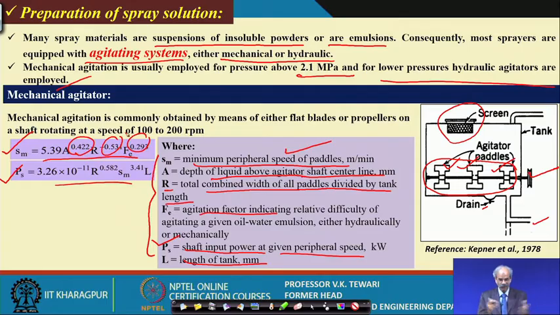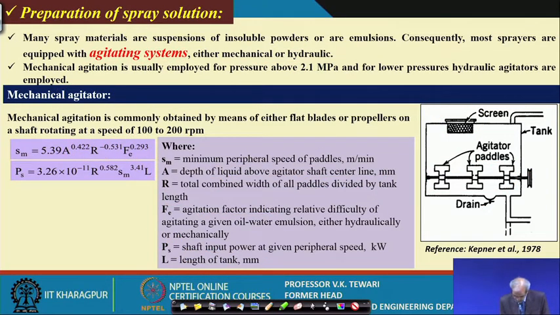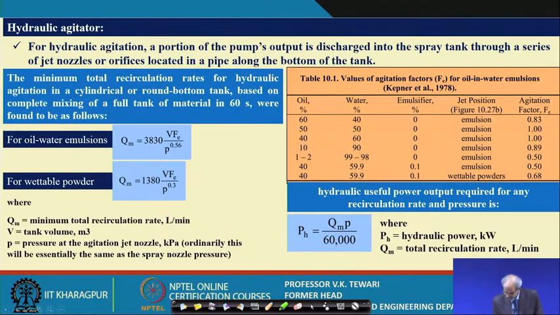Now, what do we do in these? In the mechanical one we have seen it like this. In the hydraulic system, what do we do? In hydraulic agitation, as it is said, that is for slightly lower pressures such as 2.1 megapascal and lower.